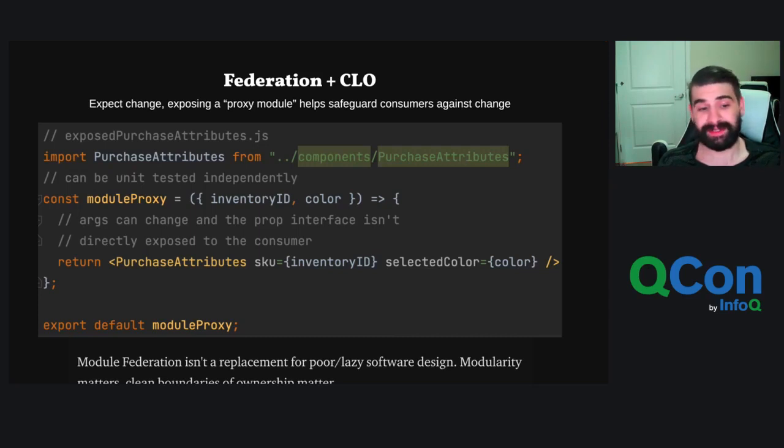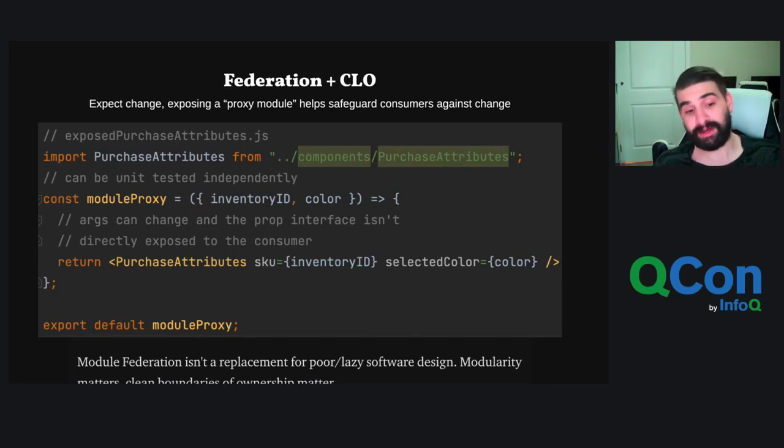What this lets me do is create very easy, intuitive ways to create contracts, to create tests, to guarantee that the component adjustments or rewrite that I've done to purchase attributes internally does not break the contract expected under the proxy export that would be exposed out of that team via module federation.